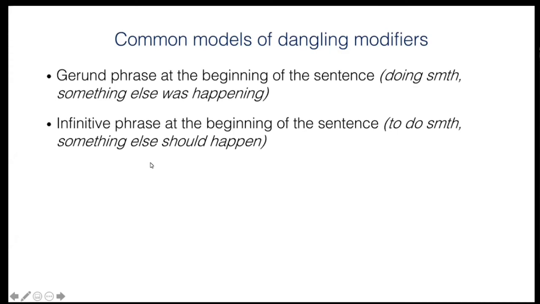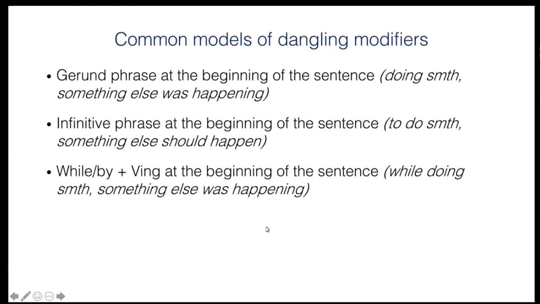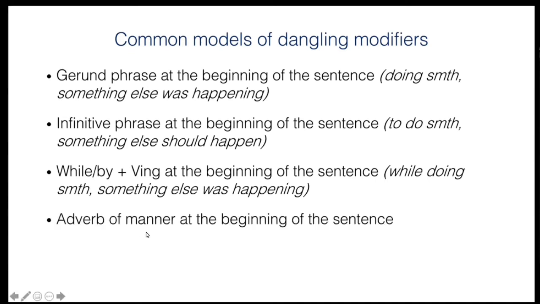To do something, something else should happen, right? Often a dangling modifier starts with while or by, while doing or by doing something, something else was happening. And again, this is where mistakes often appear. And like with our example, proudly, something, something. This can also be an adverb of manner at the beginning of a sentence.